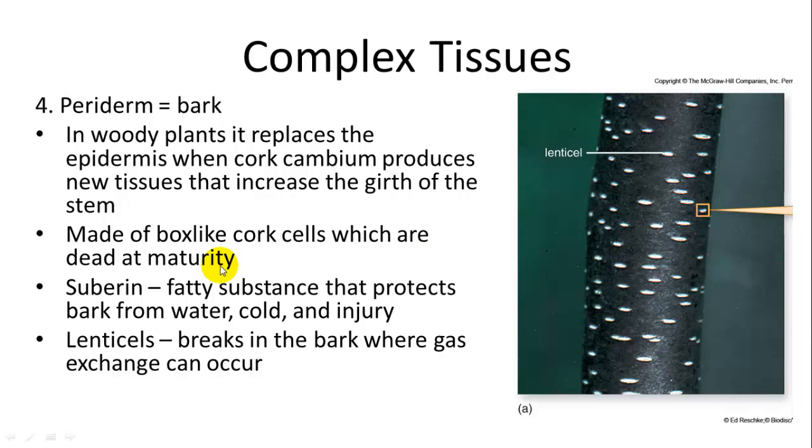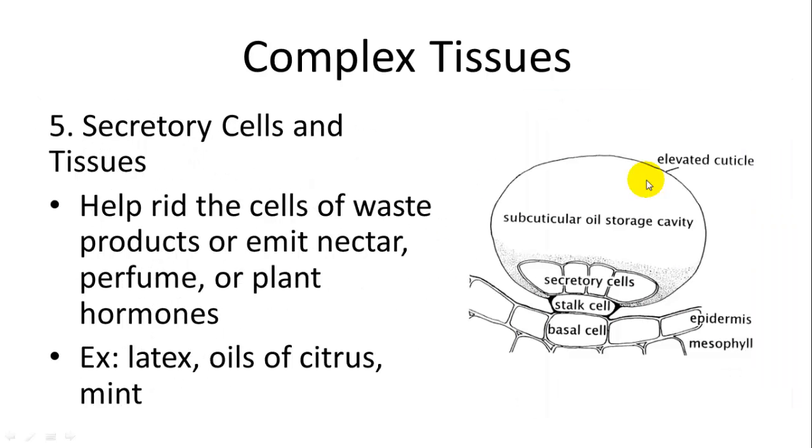Okay, so that's not a live part of the plant. There are some things produced by this bark, including suberin, which is a fatty substance that protects the bark from water, cold, and injury. And they will sometimes go through small breaks in the bark where gas exchange can occur. So you have this lenticel here with suberin being produced out of it. But sometimes they are just small holes for gas exchange.